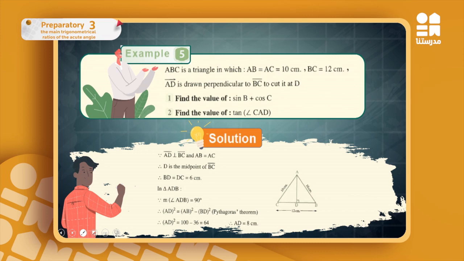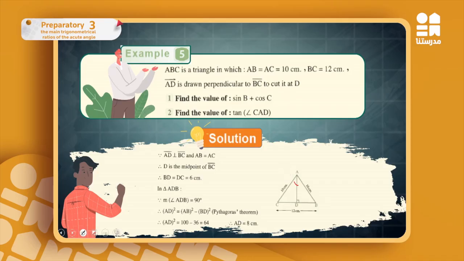The last requirement: find the value of tan angle CAD. Where is the angle CAD? CAD means this angle. I want its tan, which is opposite over adjacent. Where is the opposite? This is the opposite. Where is the adjacent? AD is the adjacent.